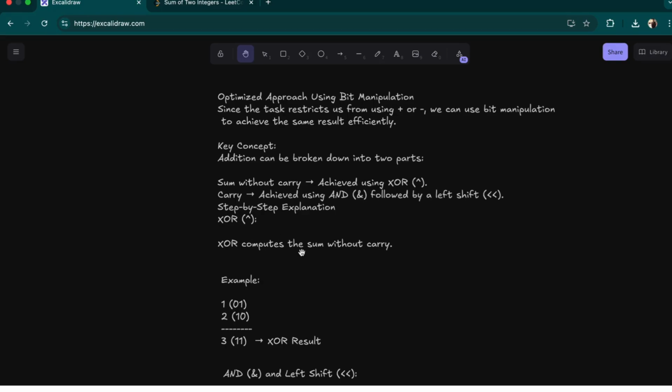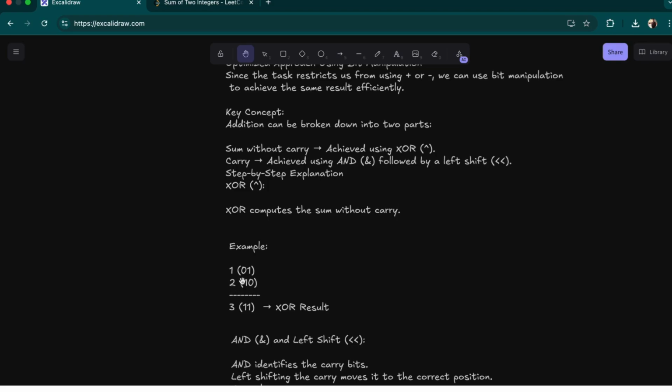XOR computes the sum without carry. For 1 and 2, that is 01 and 10 in binary form. The output we get is simple, like 1 plus 0 is 1 in XOR, and 0 and 1 is 1, so the XOR result is 11, that is 3.